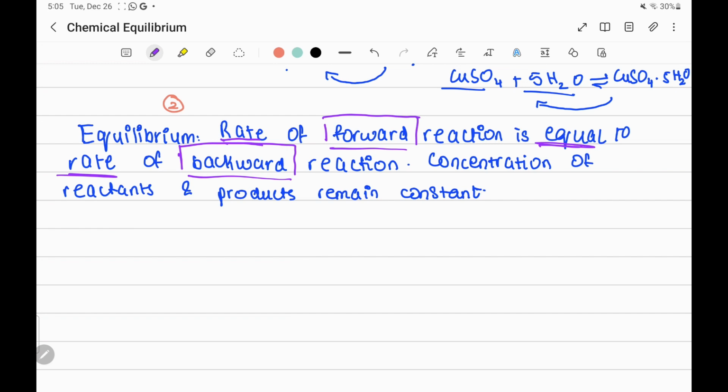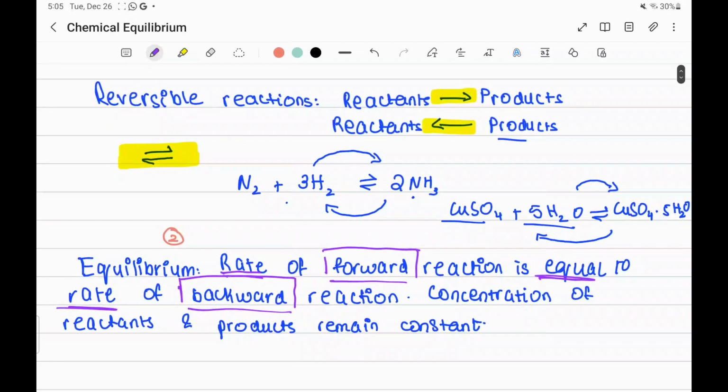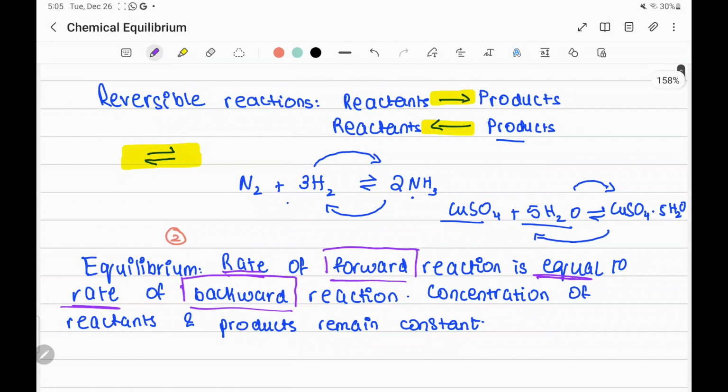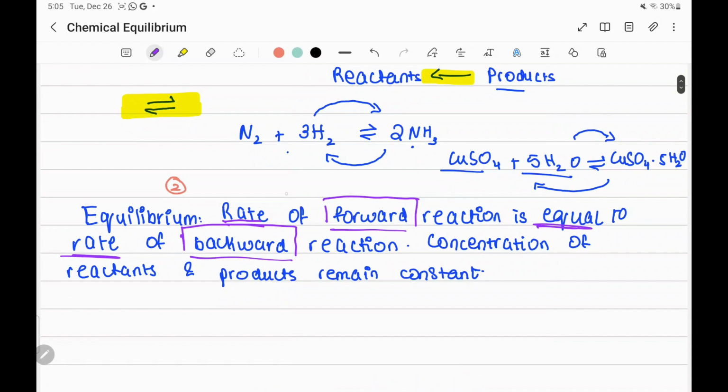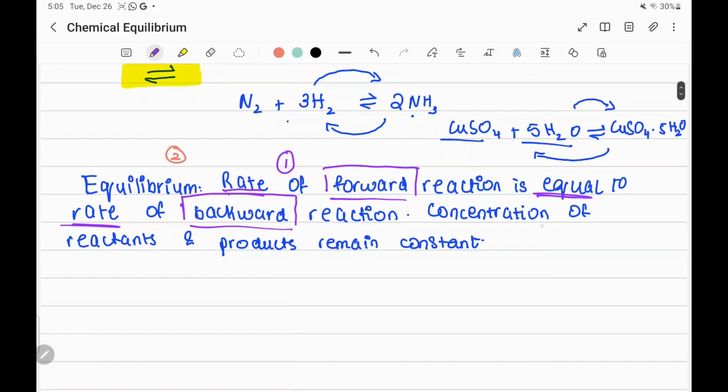That is the main thing about equilibrium, when the rate of the forward reaction from reactants to products is equal to the rate of the backward reaction from the products to reactants. This will give you your first mark. The second mark will be gained by saying that the concentration of reactants and products remain constant. It is very important for you to say this, because if you do not mention this, you will not get 2 marks, and the definition for chemical equilibrium is always 2 marks.